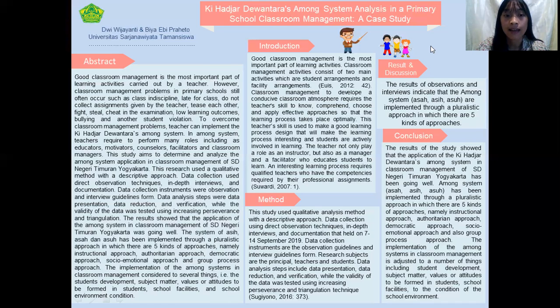This study aims to determine and analyze the among system application in classroom management of SD Negeri Timuran, Yogyakarta.